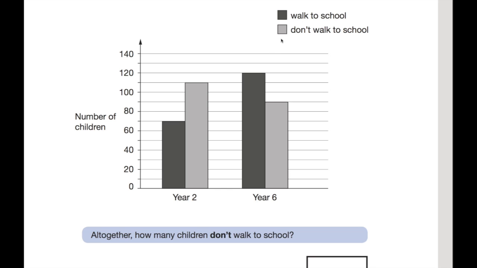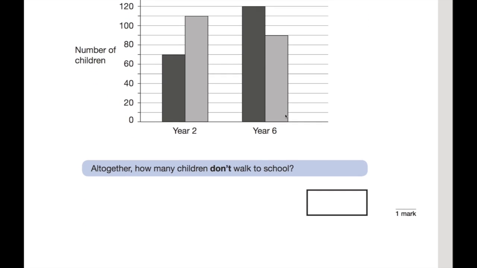Well, we know that don't walk to school is this colour here. I can see this is in between 100 and 120, so that must be 110. And this one here is between 80 and 100, that one is 90. So quickly in your head you should be able to do 110 plus 90, which we know to be 200.